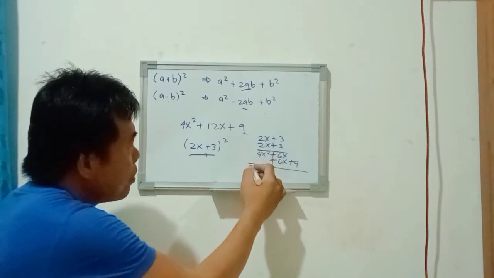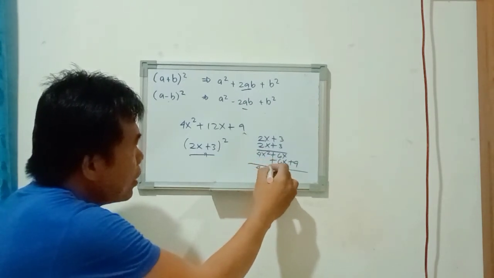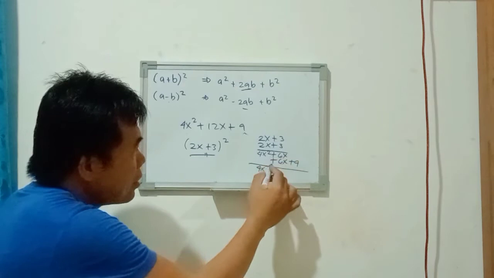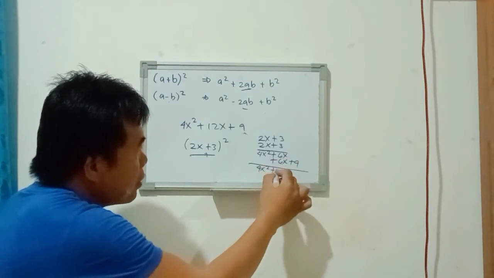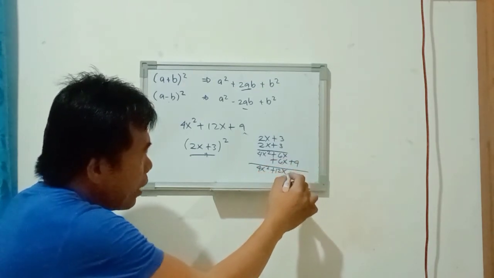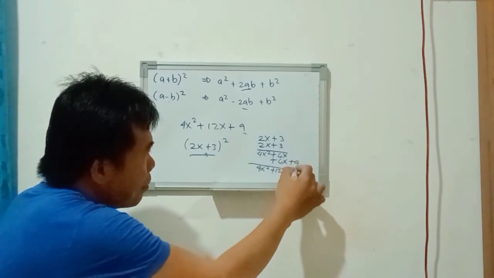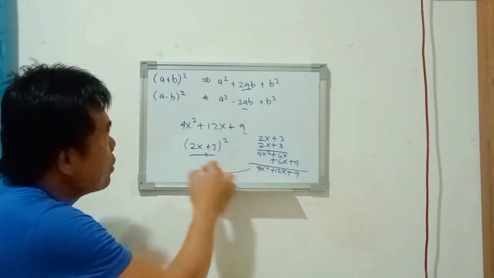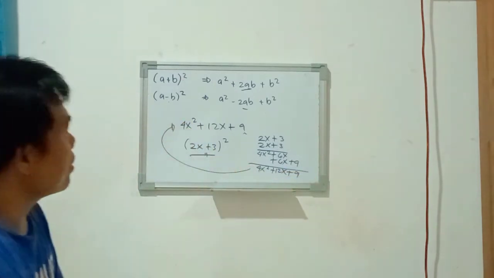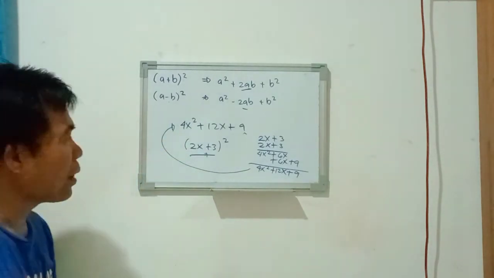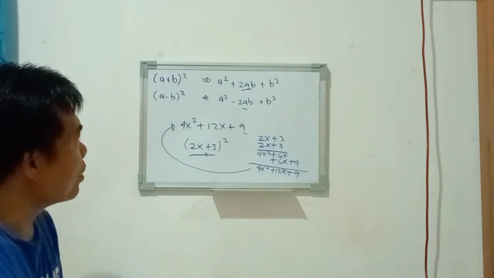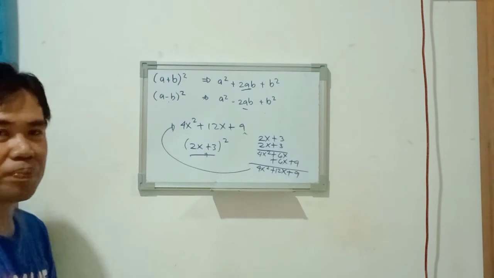So we sum up: 4x squared plus 6x plus 6x is positive 12x. Then copy positive 9. So it's the same as this trinomial. Therefore, our factored form is correct.